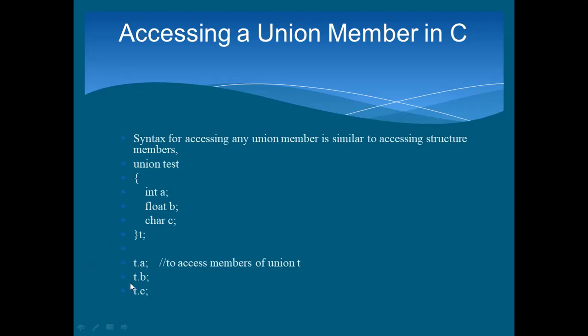This is similar to accessing a structure member, where we specify the structure variable name, dot, member name. In a union also we use the same variable name dot member name.